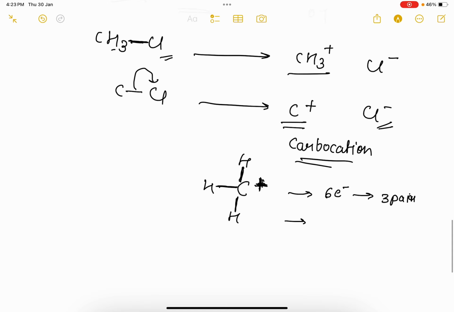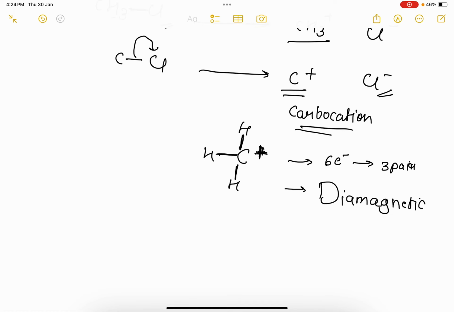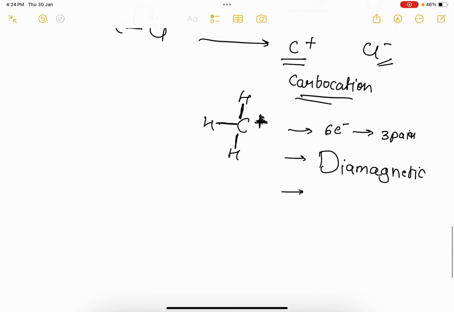So the molecule which does not contain any unpaired electron is diamagnetic in nature. Diamagnetic means these are not attracted or repelled by a magnetic field. So carbocations formed by heterolytic bond cleavage are diamagnetic in nature.